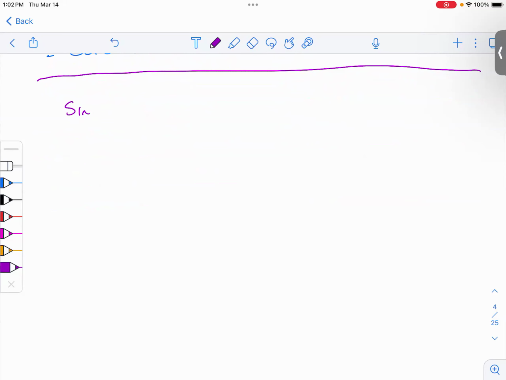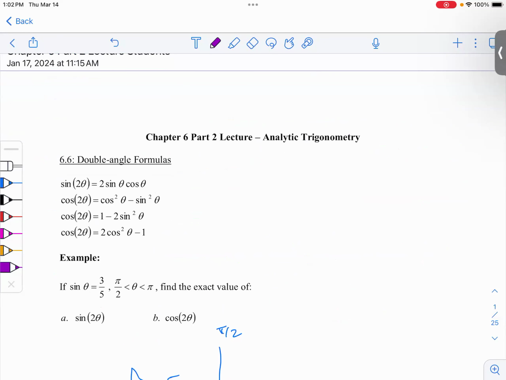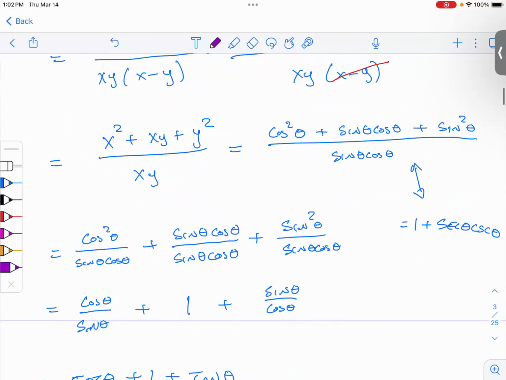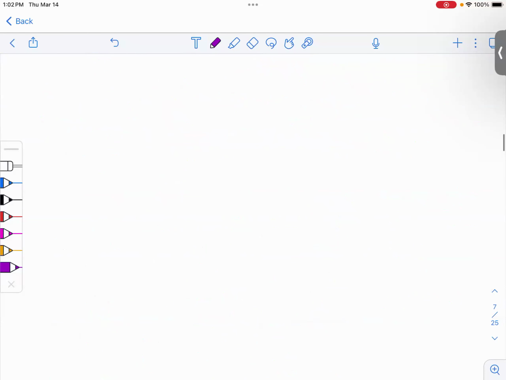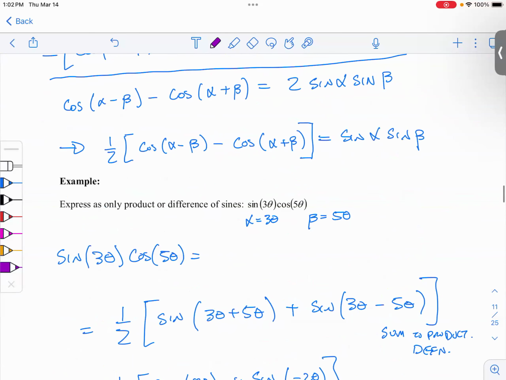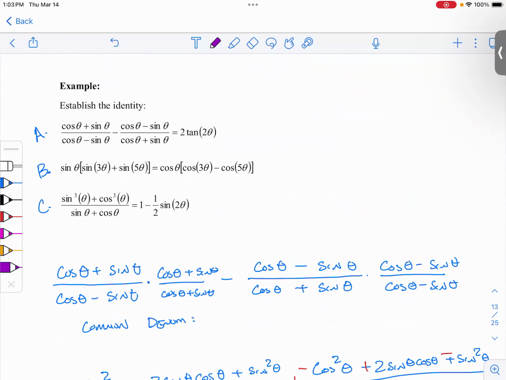All right, so we had one more identity to look at here. And that identity, part C here.